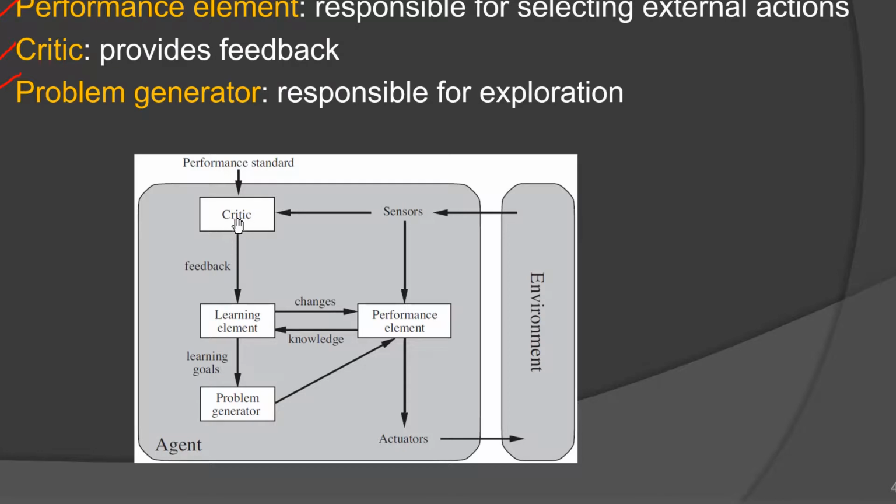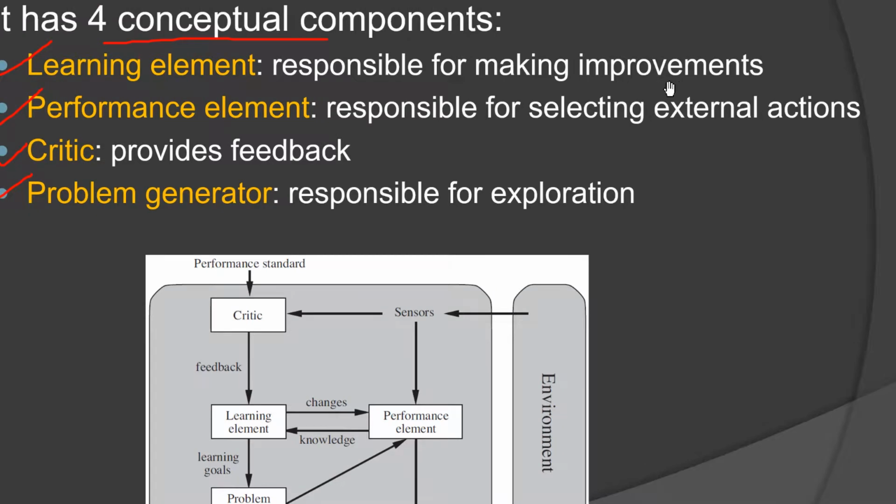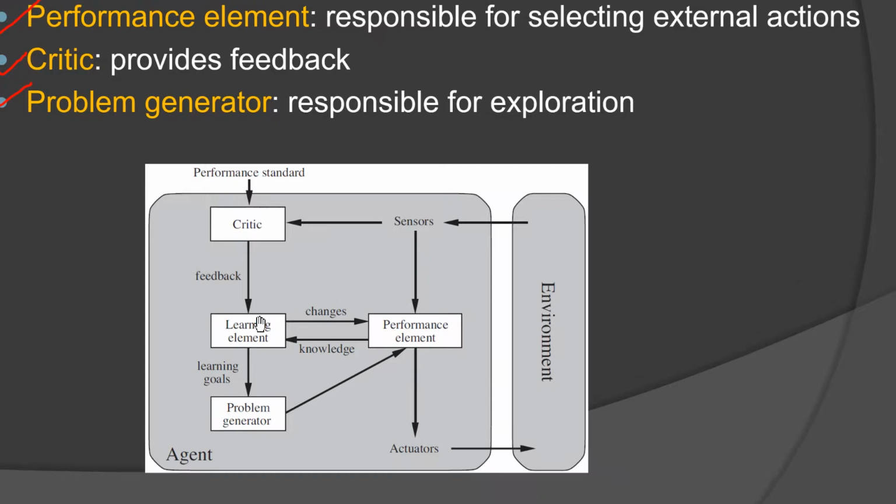So we have a critic. The input is given to the critic also, and the critic refers to a performance standard. Whether our agent is performing well or not, the critic observes that, and it gives feedback to the learning element. The learning element is responsible for making the improvements, and based on the feedback given by the critic, it will suggest changes to the performance element.